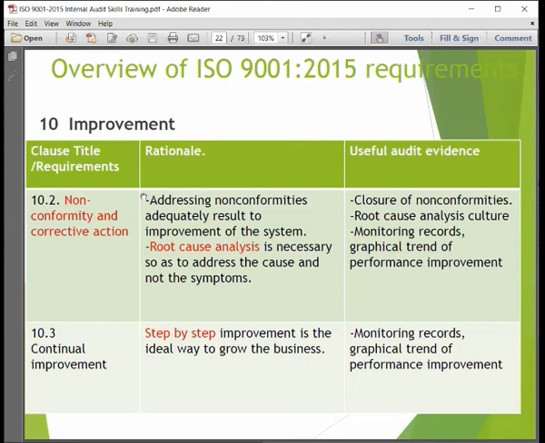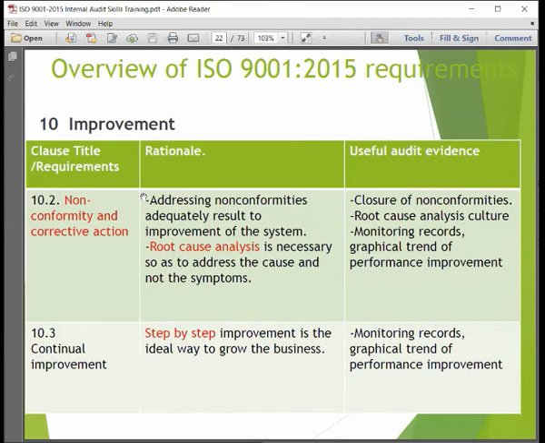Yes, 10.3, continual improvement. And remember, this is not continuous. Continual is step by step. Continuous is an ideal situation where you're just moving up. The standard requires you to do step-by-step improvement. You move from 1 billion to 2 billion, 3 billion, slowly by slowly, provided you are showing some improvement.